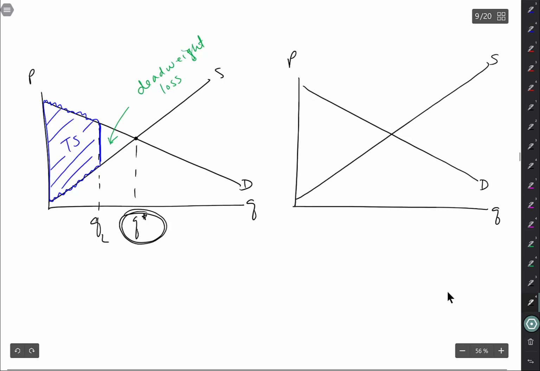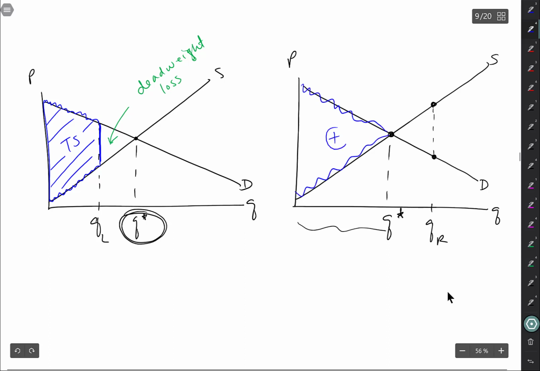So there's demand, there's supply, here's Q star. Suppose we deviate to the right, to QR for right. At that right unit, look at this. For these units here, that's goodness, right? Willingness to pay exceeds cost.